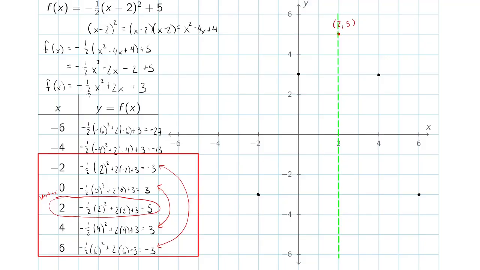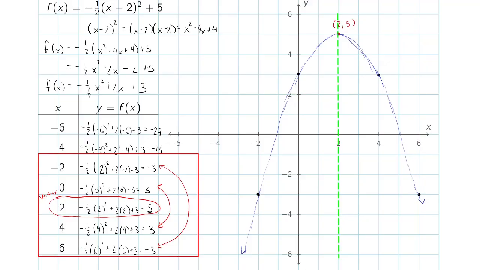And so when I fill in my parabola, it's flat at the vertex, and then a smooth curve to the left, and a smooth curve coming down to the right. My parabola is going to look something like that.